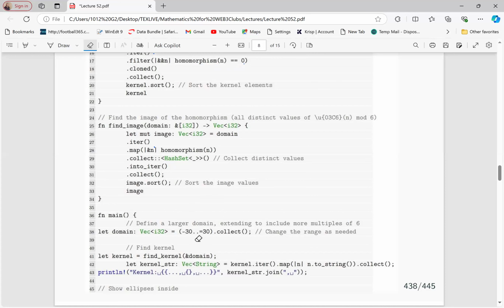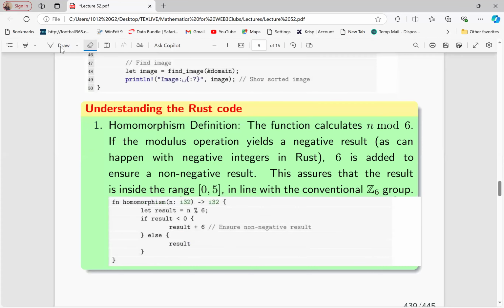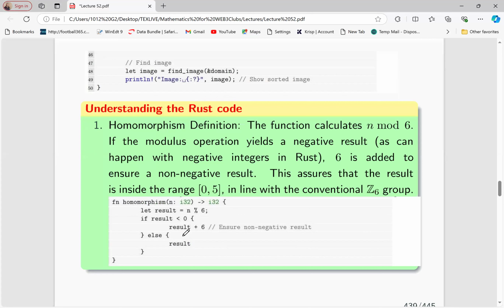I've already explained the first bit. What it means, I've said that this would calculate n mod 6. So it's going through all the elements of the domain and getting their remainders on division by 6.